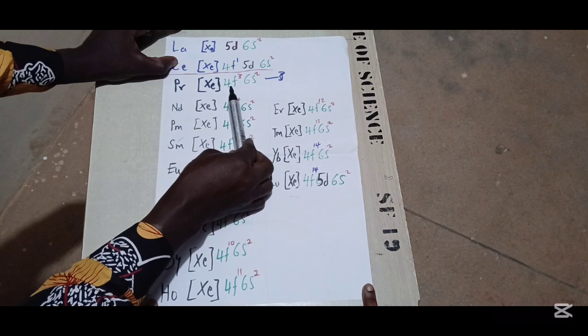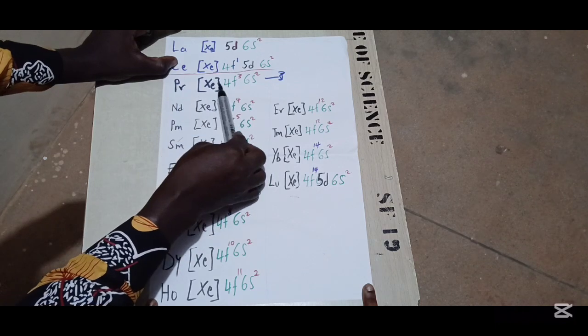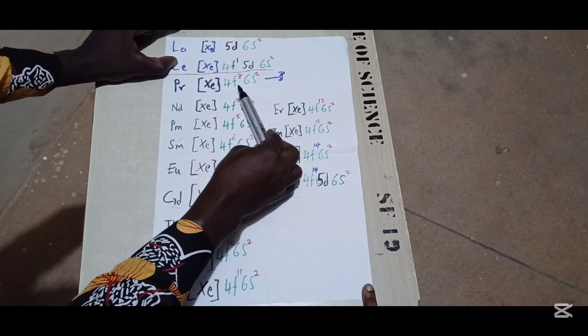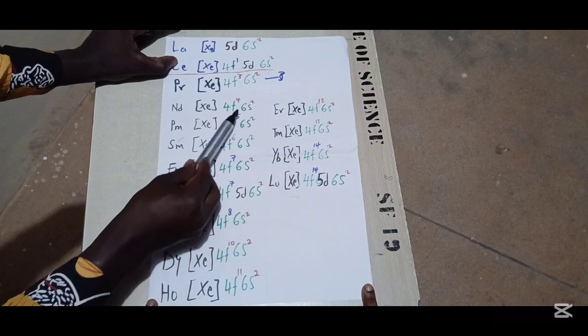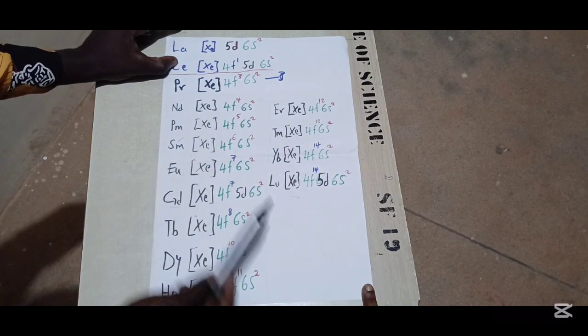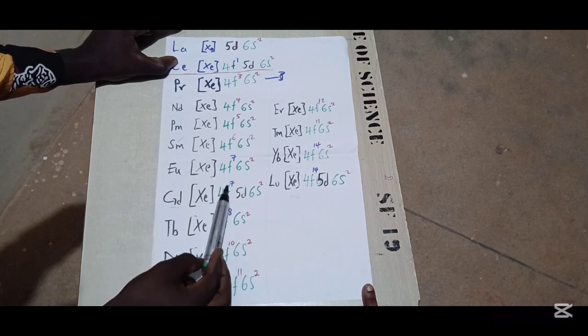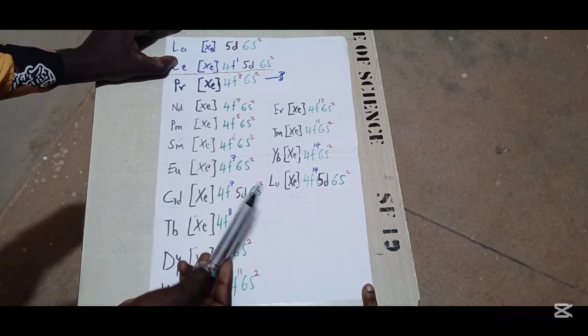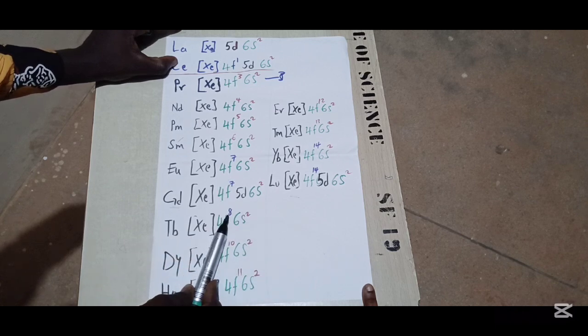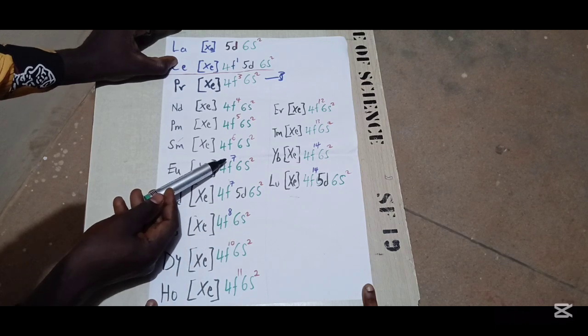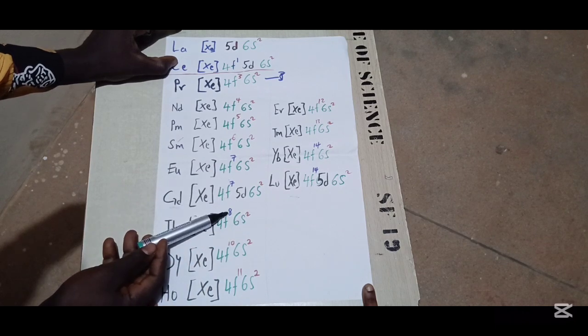For the 4f orbital, we start with the third element. So numbering f, we start from 3, 4, 5, 6, 7, 7. Seven repeats itself twice. Then 8. Notice this very well: we have 7, 7, and then 8.